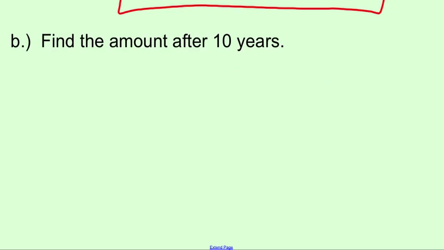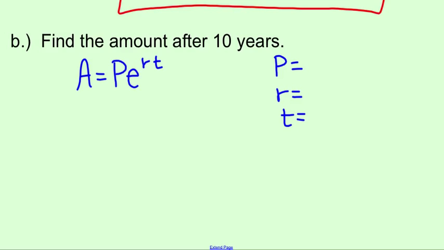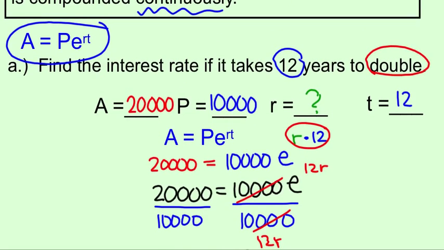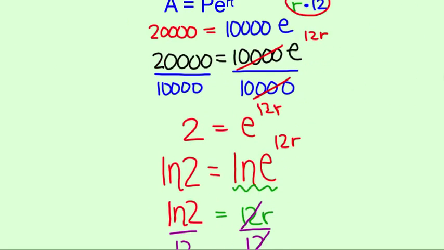Part B, find the amount after 10 years. So remember, I have that original A equals P E to the RT. And my principal amount, my R, and my T can now be found. My principal was my original amount in my problem. That was $10,000.